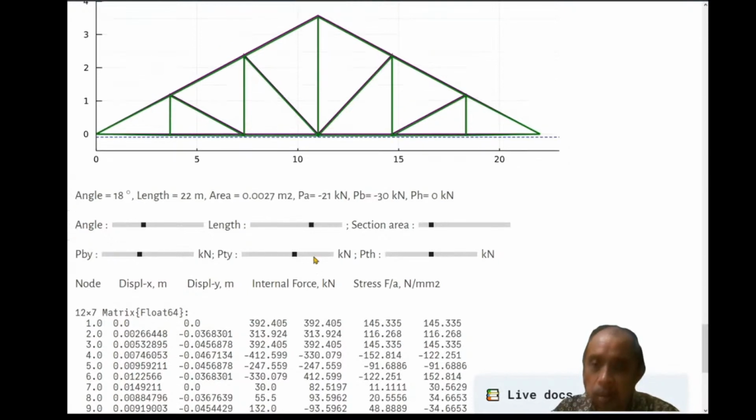So this is very handy for a new student or new engineer to design and also evaluate the displacement and the stress directly.